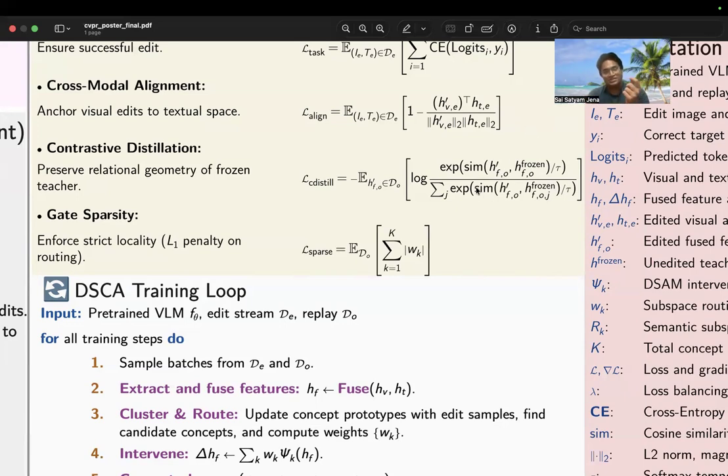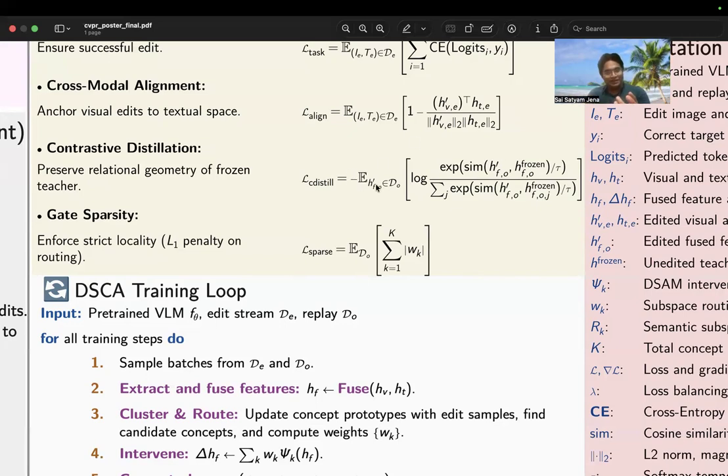So we will get one H dash F. That H dash F should be as similar as possible to the frozen HF. Frozen means we have frozen the same model without using the DSAM parameter. So exactly at that layer, after editing for out of distribution examples, the internal fused representation after edit should remain as close as possible to the frozen internal representation.